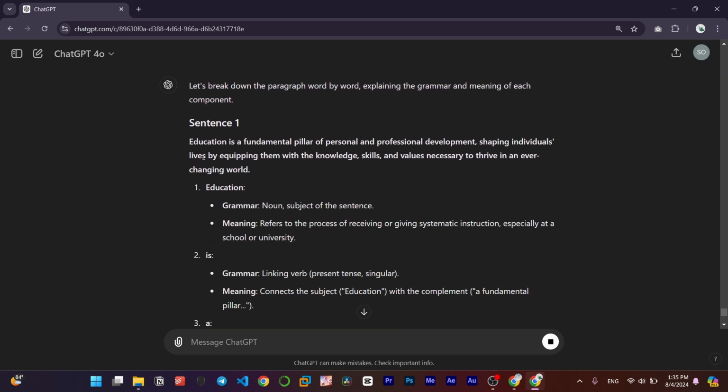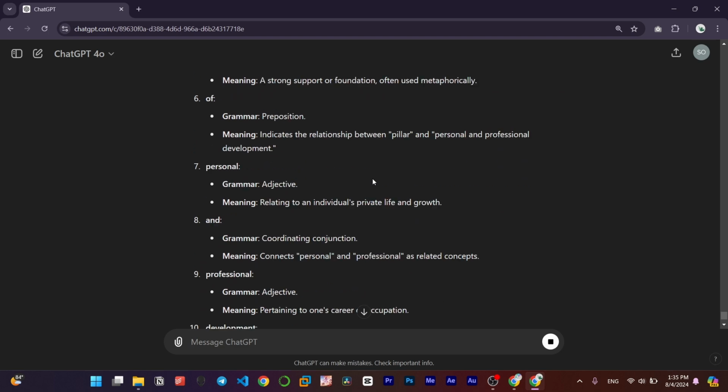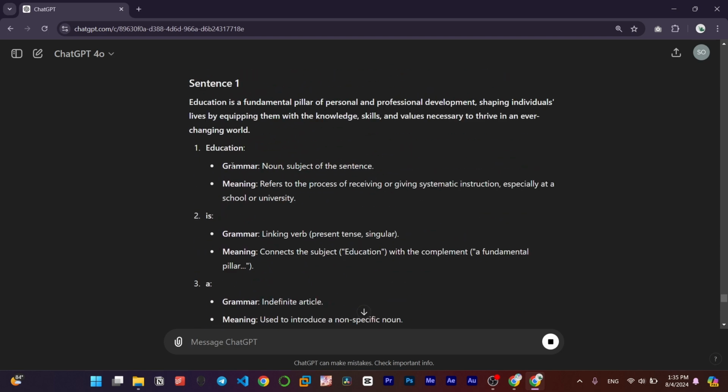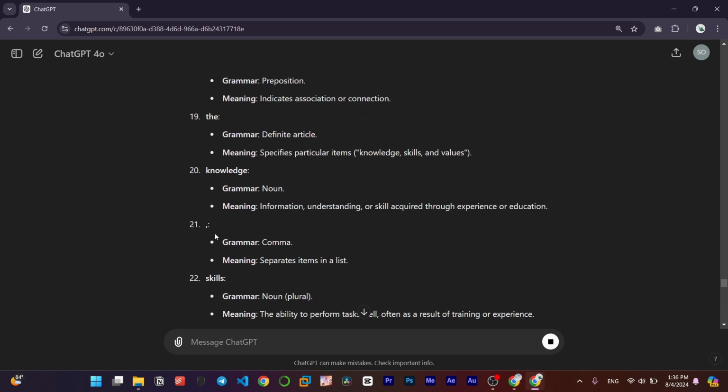As you see, it provides you a lot of explanation about this part. For instance, education as a grammar is a noun, subject of a sentence, and refers to the process of receiving or giving systematic instruction, especially at a school or university. So this is really great, and you can learn it.